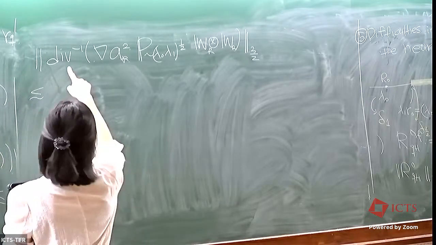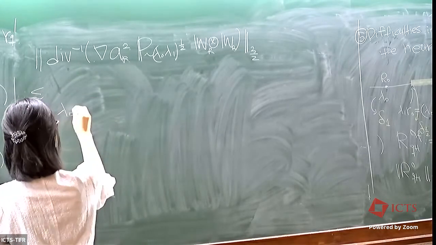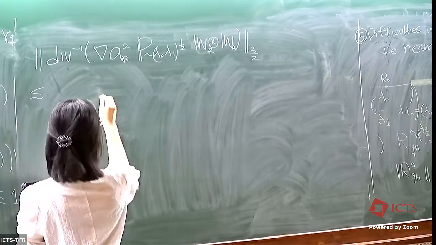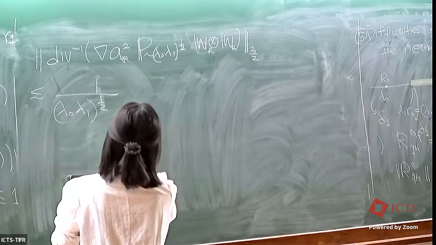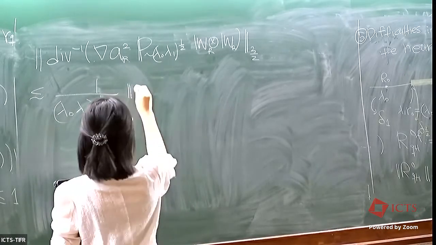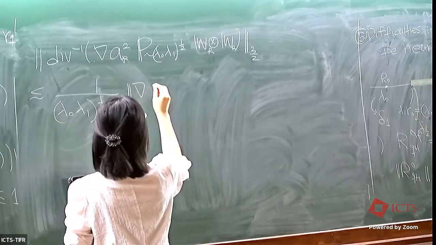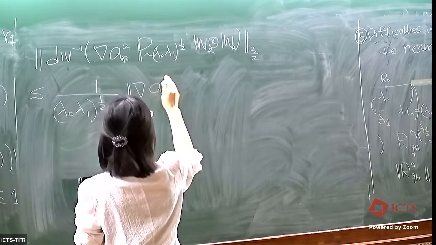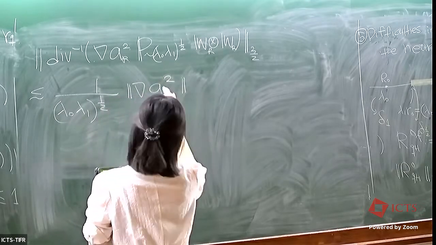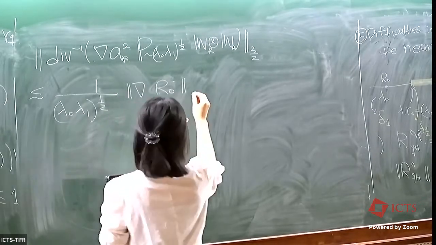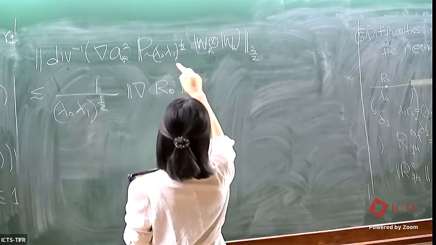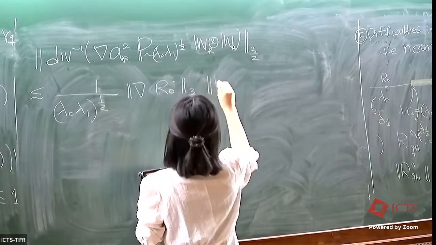And then from inverse divergence, you have this lambda 0, lambda 1 raised to the power 1/2. From here, you apply by using the coupling lemma. So this one is almost like R cubed, let me just say R0, and then 3/2. And then here you have the projection operator.